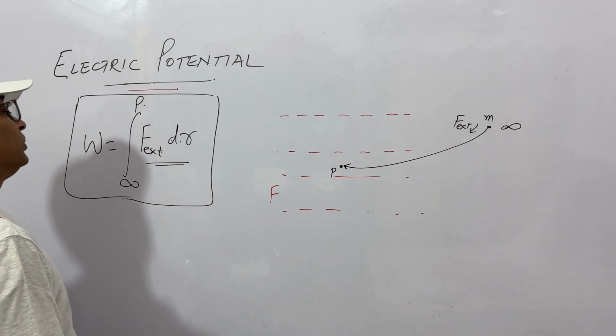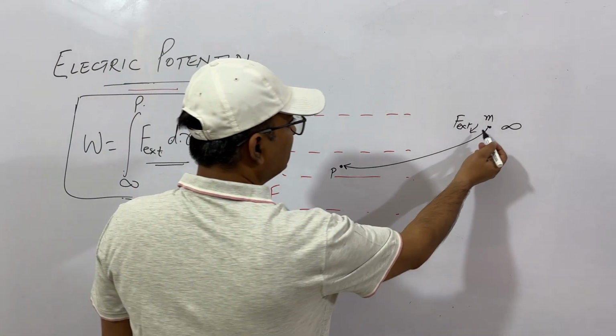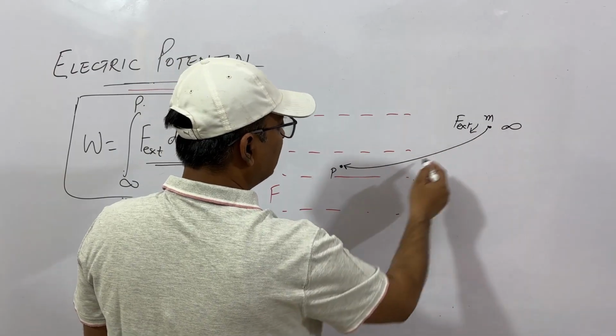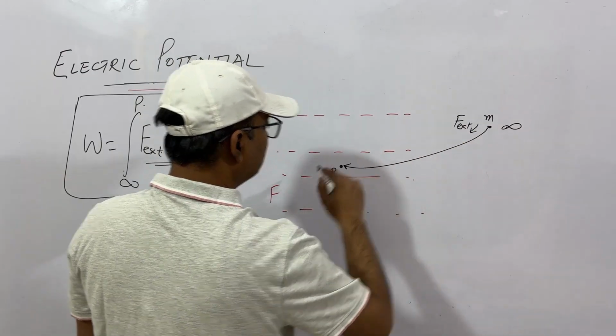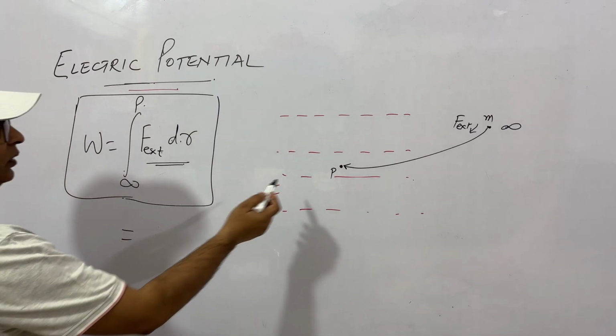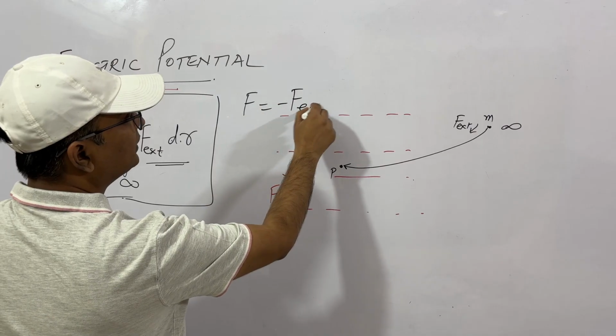This is what you call a conservative force. You must have studied conservative force, that it depends on this point and this point only, not on the path, whether it has come through this path or directly or like this. So in a conservative field, the work done is this, and this force will be equal to the external force in magnitude.